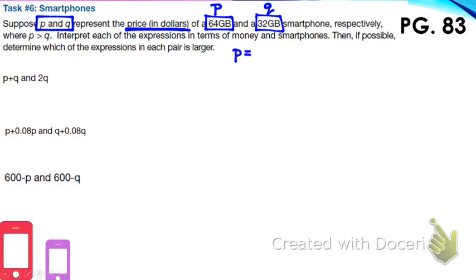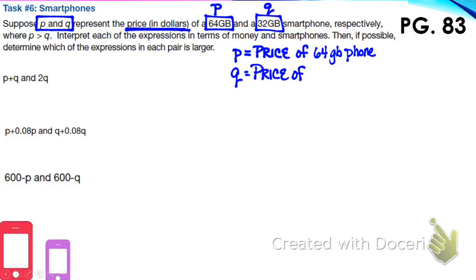P equals the price of a 64 gigabyte phone. And Q is equal to the price of a 32 gigabyte phone.